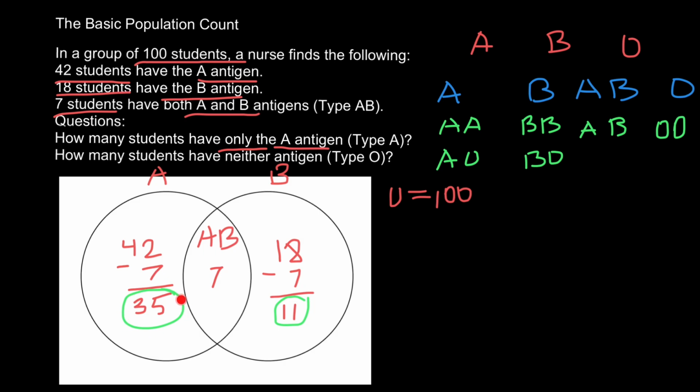By the way, this is the answer to the first question: 35 students have exclusively antigen A.